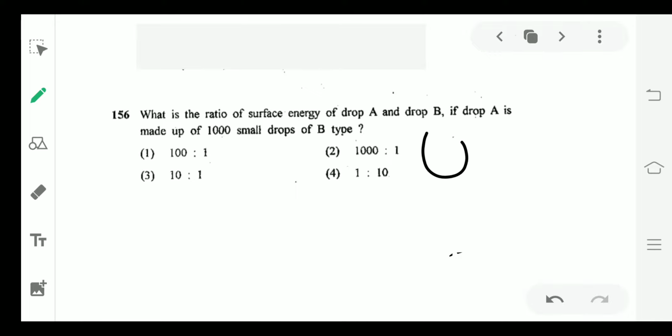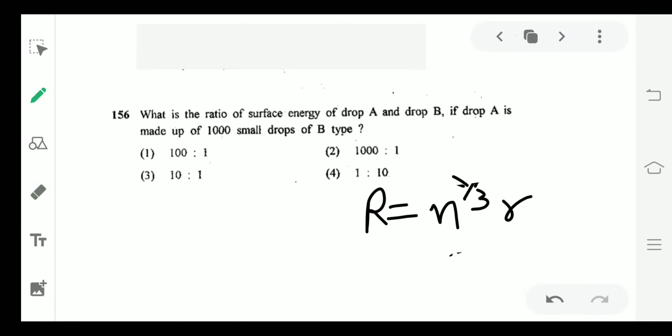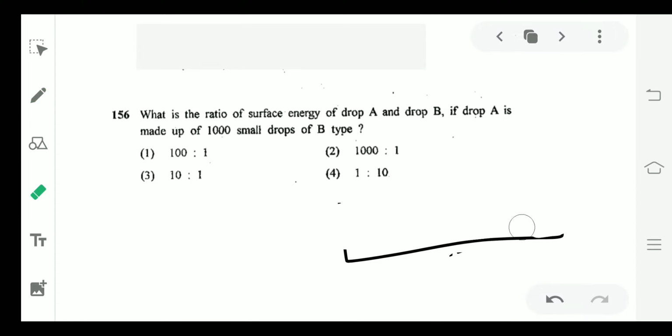Here A is a larger drop which is made up of 1000 drops of B. So there is a relation between a larger drop and smaller drops, which is R equals to number of smaller drops to power 1 by 3 times the radius of the smaller drop. This is the formula. By this formula we will calculate the energies.